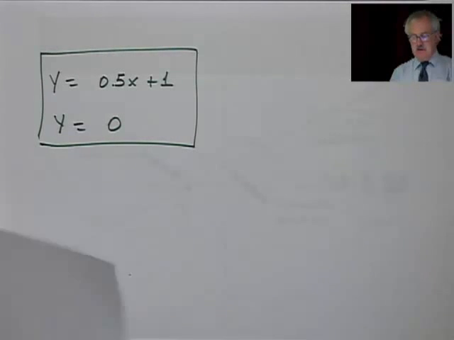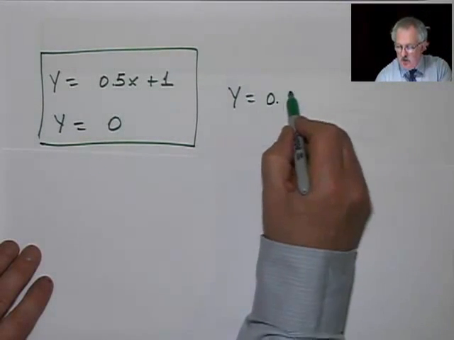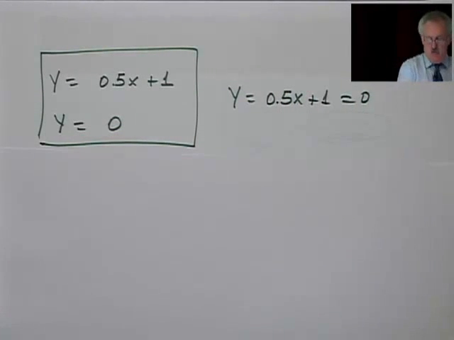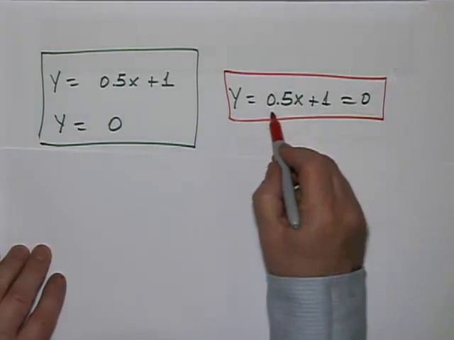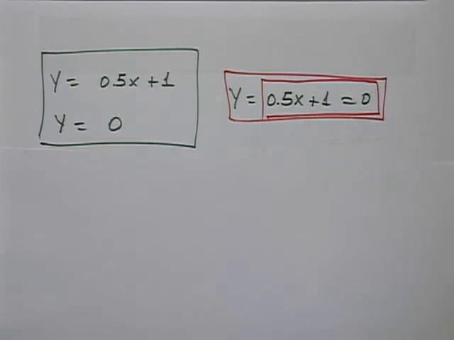Solve the two of those equations. Because if that's the case, we can say y is equal to 0.5x plus 1 is 0. Solve that equation for x. Leave that with you.